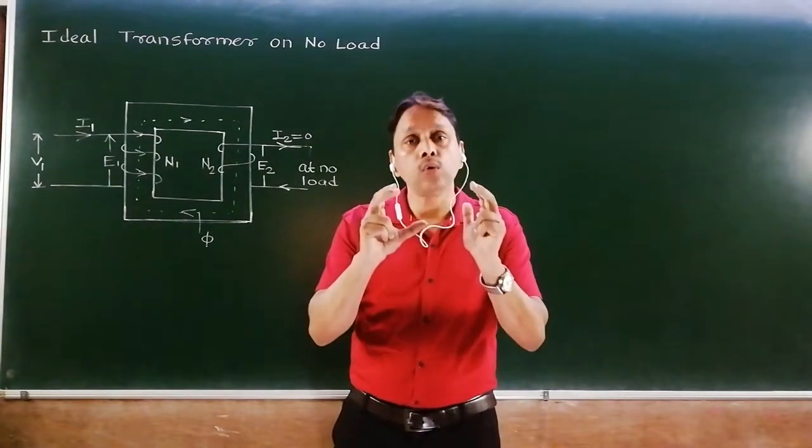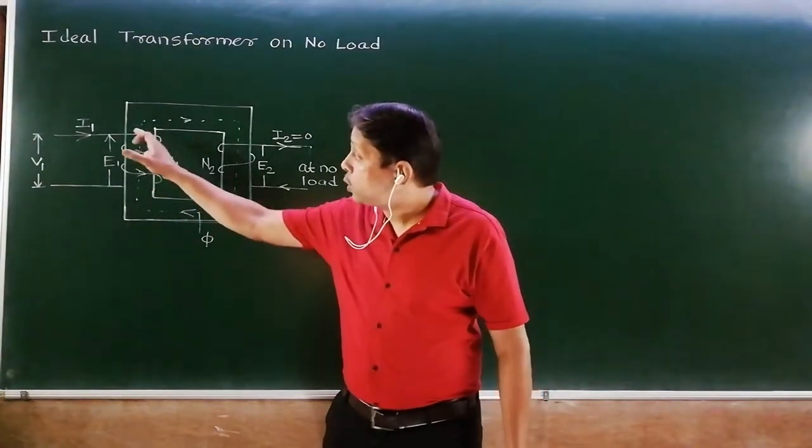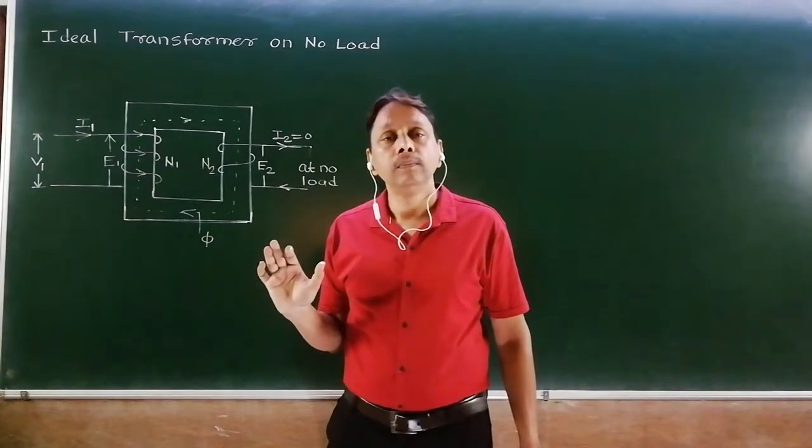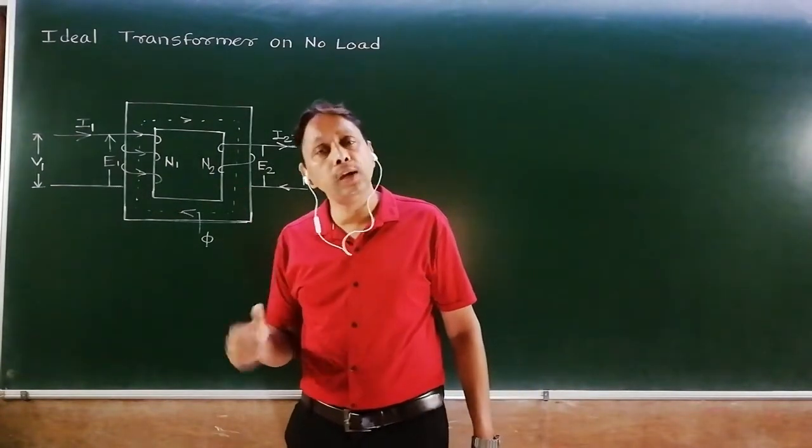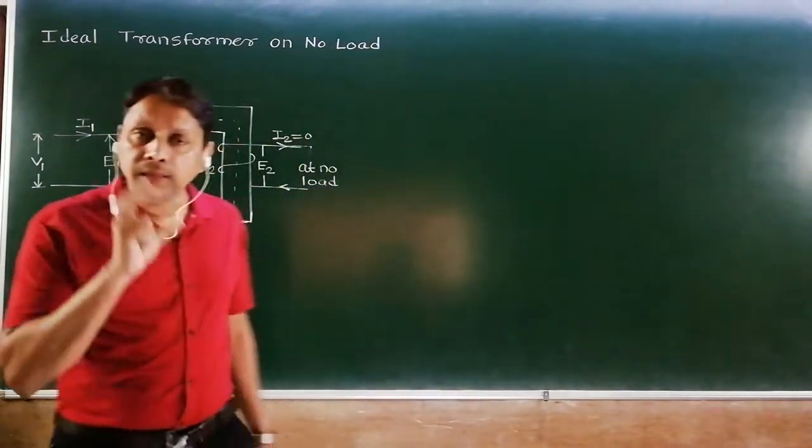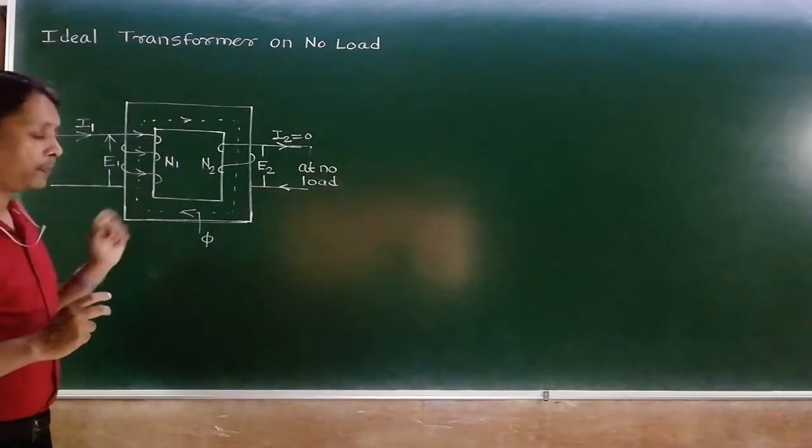Even though the input is 0, the primary winding draws a current I1, because the primary is a closed circuit, and that current will produce flux phi.